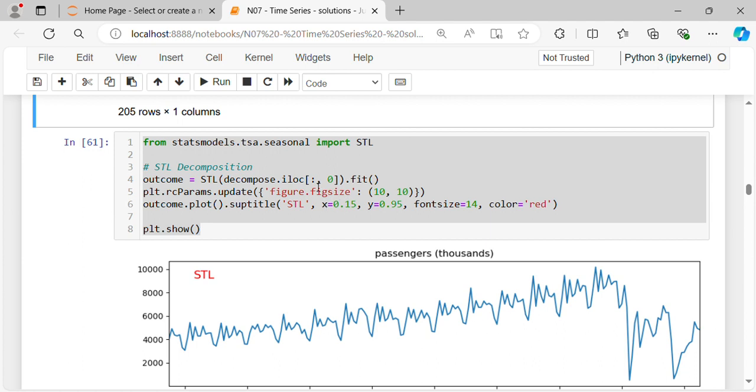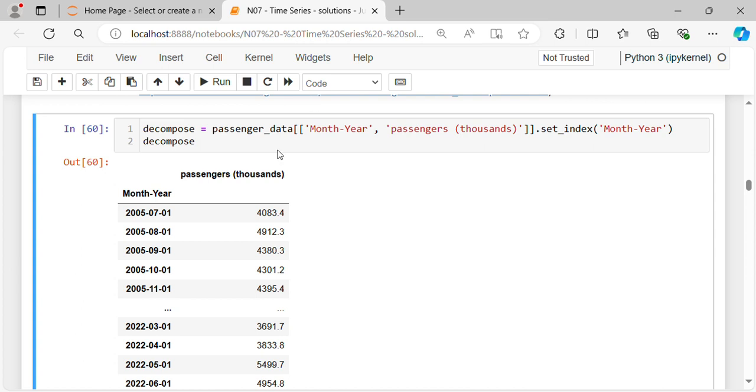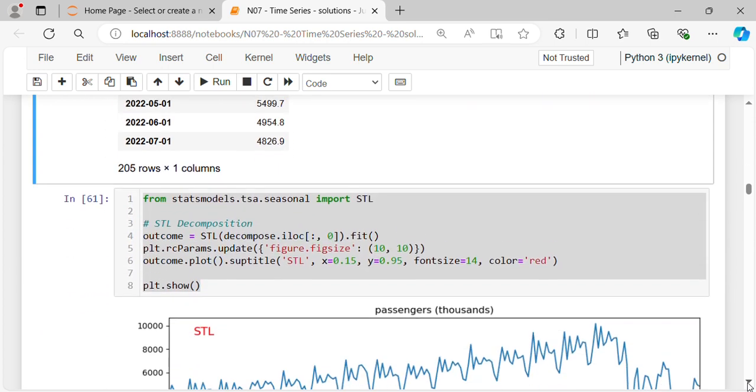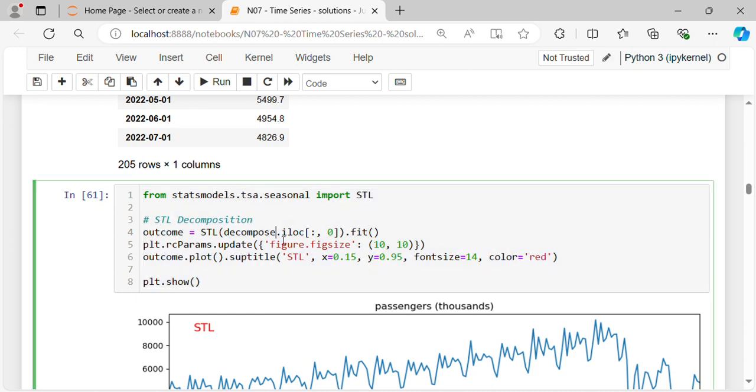So this will give us the values in the first column, the passengers in thousands column. We can either do that, or we can also put the column name.